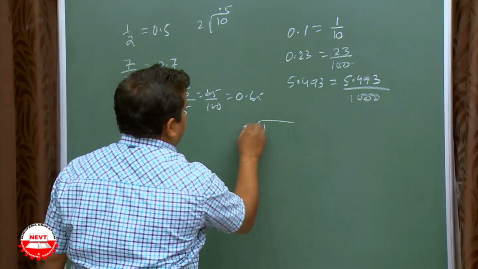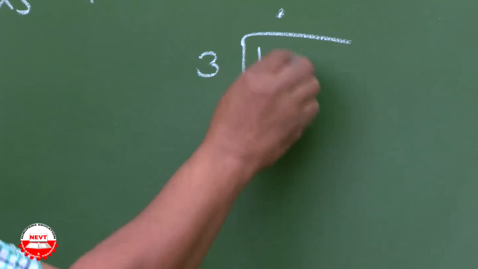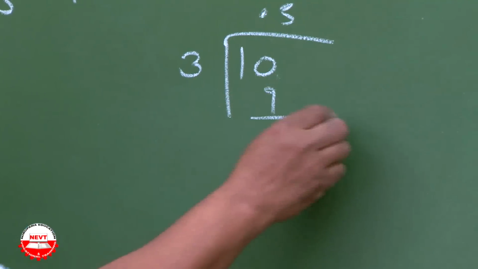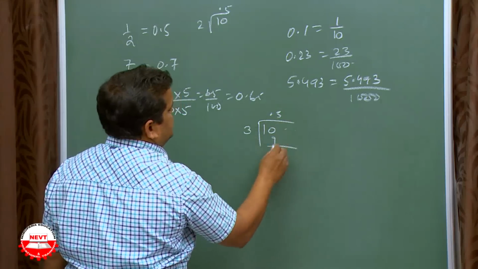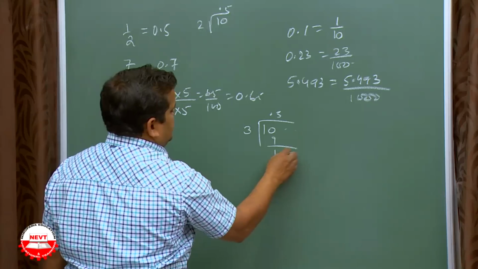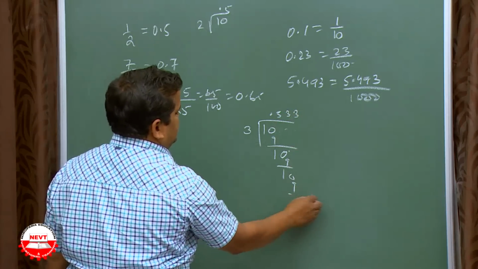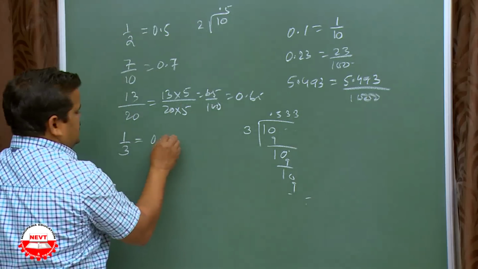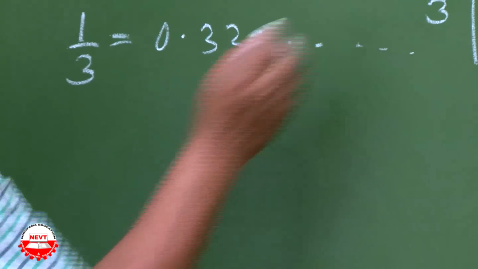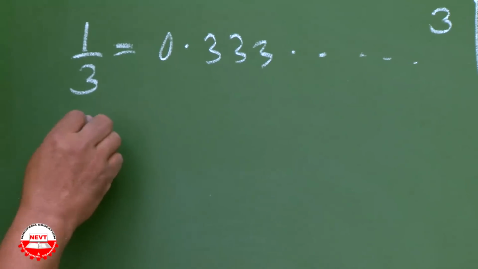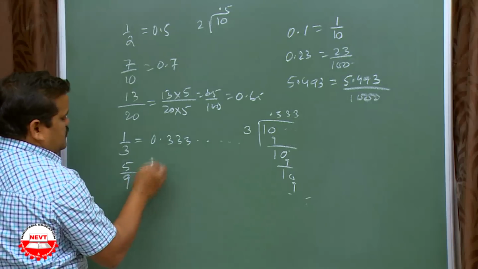1 divided by 3. Add decimal here, then it will be 10. 3 3s are 9. That means here 0 0 are there. So 1, then 10, then 3 3s are 9, then 1 10, 3 3s are 9, and so on. That means 0.3333, and so on. Okay? Let's say 5 by 9 is equal to how much?